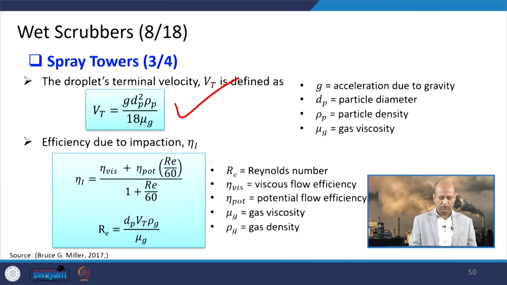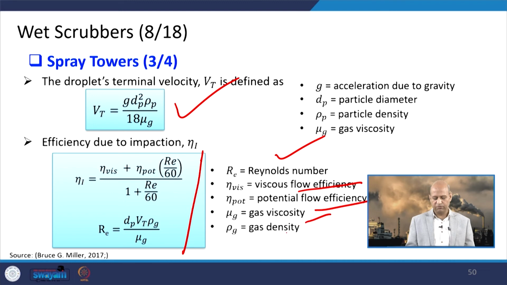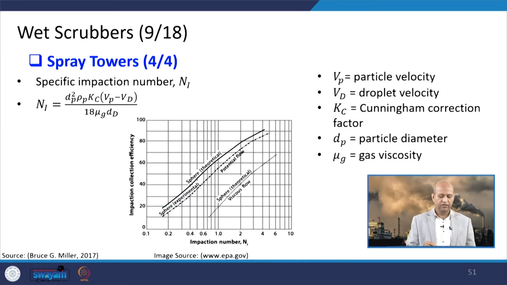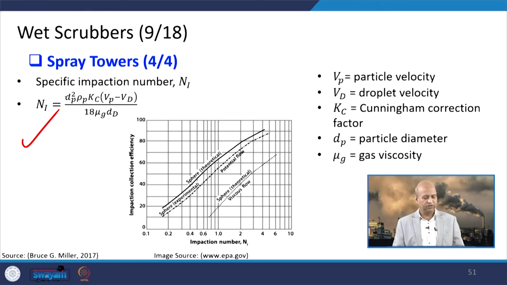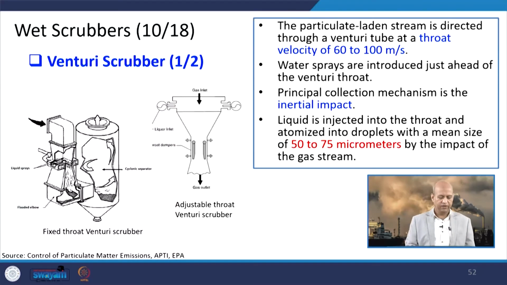This efficiency of impaction can be calculated by Reynolds number, viscous flow efficiency, potential flow efficiency, gas viscosity, gas density, all these kinds of parameters are used in these empirical relationships. And then specific impaction number is calculated by this kind of relationship or graphs or charts. So, you put those values and you can get this N1, that is the specific impaction number.